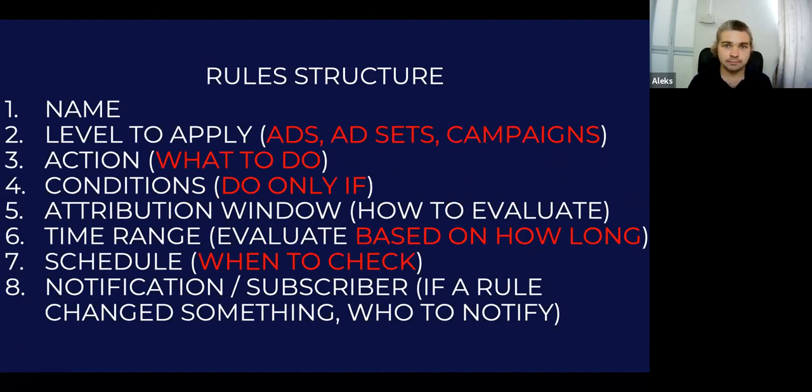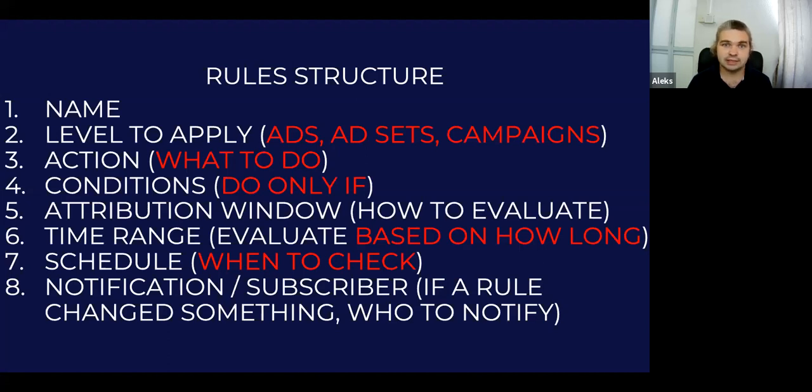The rule has a name. The rule has a level to apply it to, and that could be ad level, so basically creative level, ad set level, so the level of targeting and bid caps and all these kinds of things, or campaign level, when the rule gets applied to campaign metrics. So you can have a cost per result of a campaign, cost per result of an ad set, and cost per result of ads.